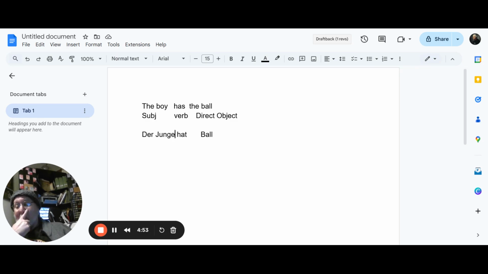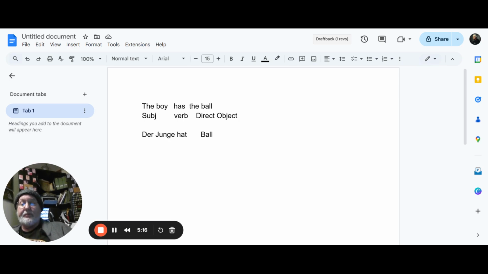But if something is a direct object, it's what's called the accusative case. So the accusative case is the situation or the function when the noun is the direct object.